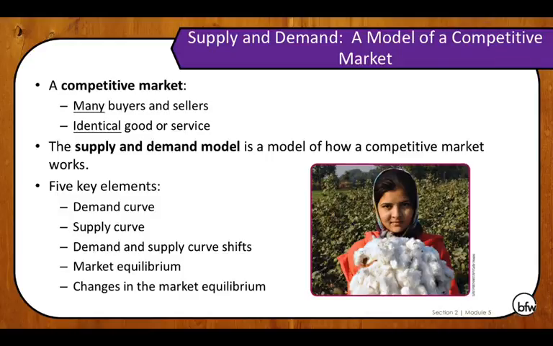The third thing to remember about a competitive market is that when we talk about competitive markets in this module and in this unit, we're talking about competitive markets that have a large number of independent buyers and sellers. So that is going to be a model of what we will eventually call perfect competition.